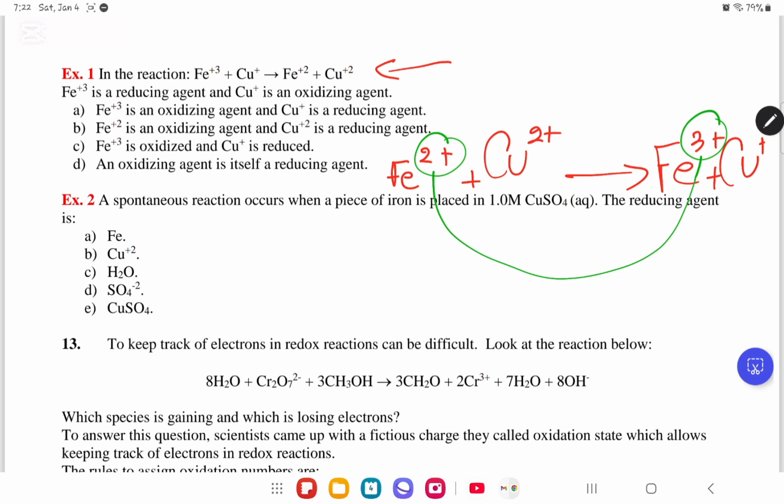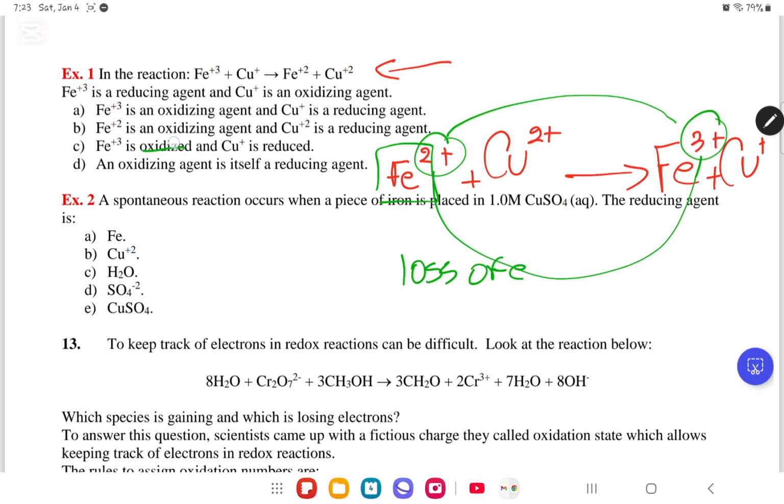And if you remember in the chapter 4 summary video, we said that oxidation is the loss of electrons. And what happened here? We lost an electron, so that means Fe underwent oxidation. It is oxidized.